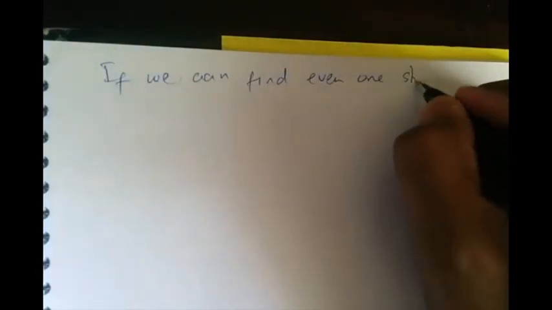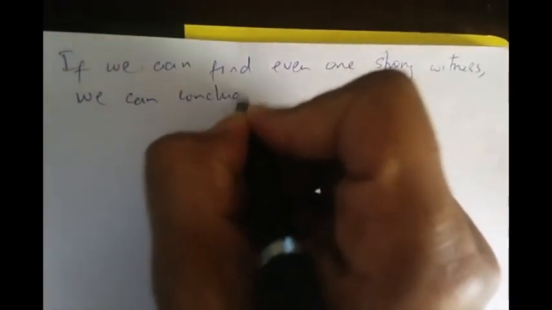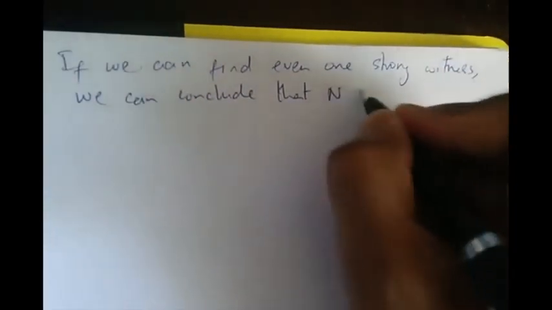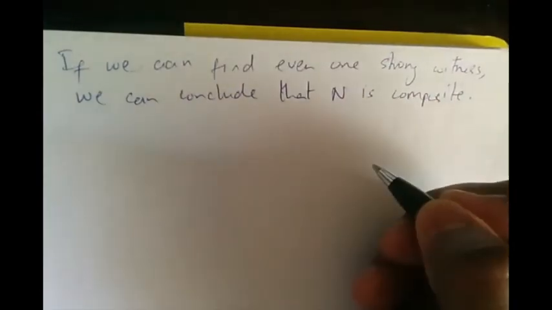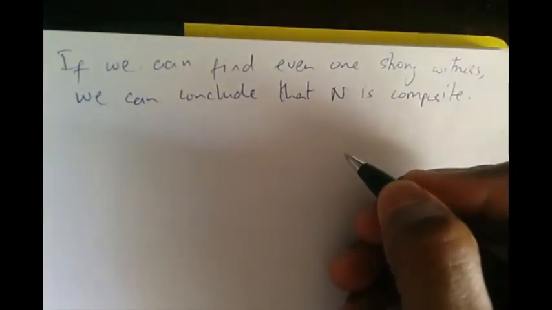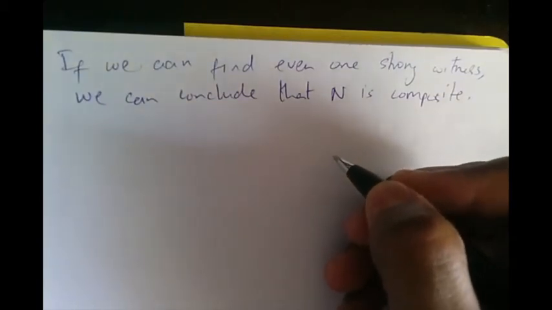So basically, it's a deviation from the pattern one would expect if n is prime. So how many such strong witnesses are there?